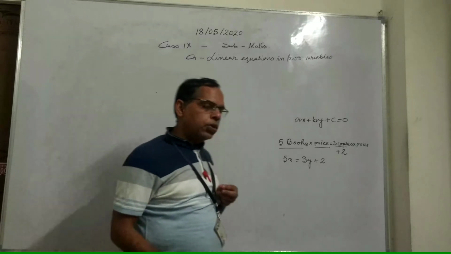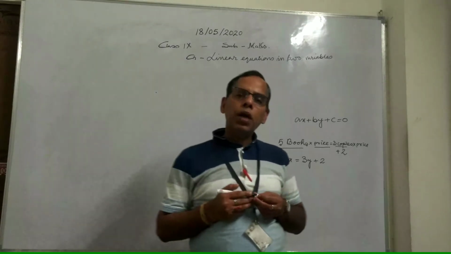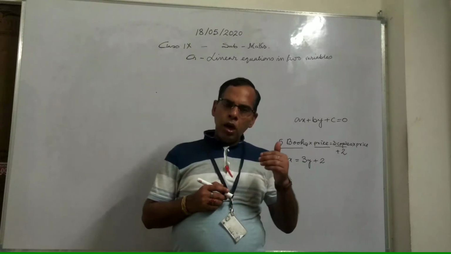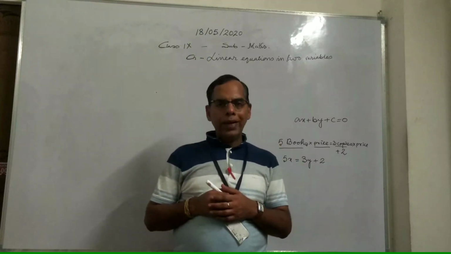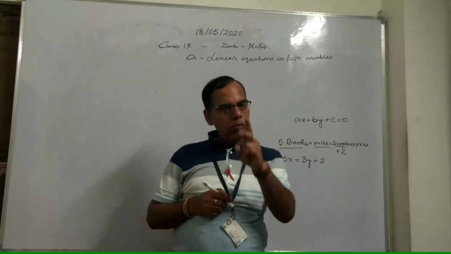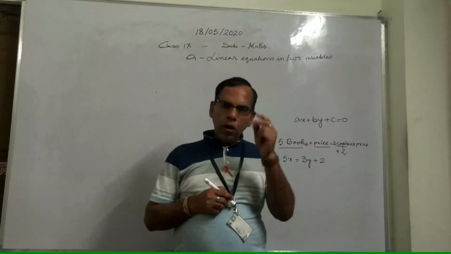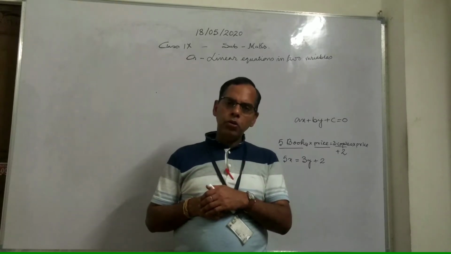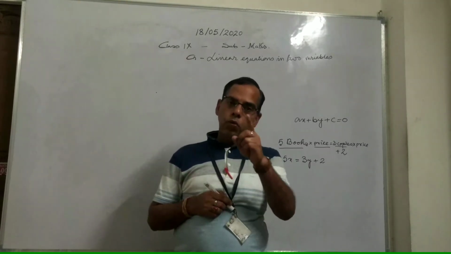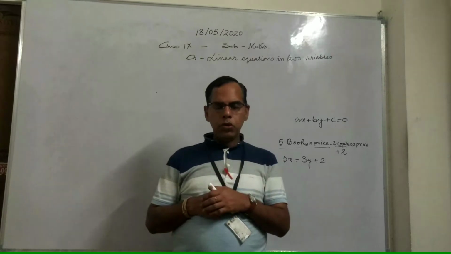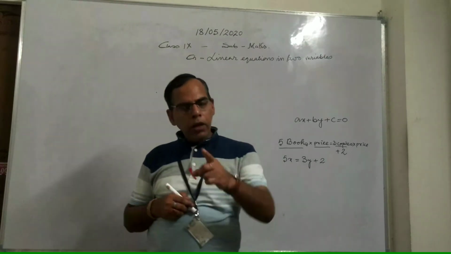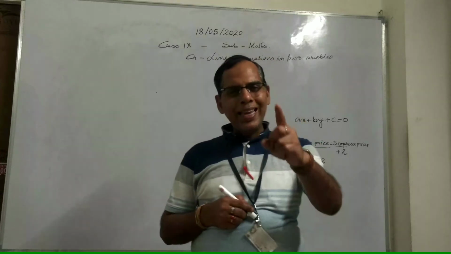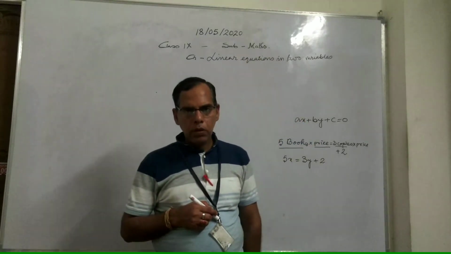Now you see, my dear students, I told you last time how many solutions you will get if there is only one equation but 2 variables. And also I told how many solutions you get if there is only one variable and only one equation. If one variable, one equation, then you will get exactly one solution.